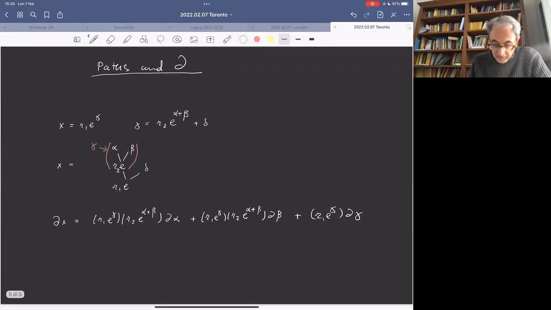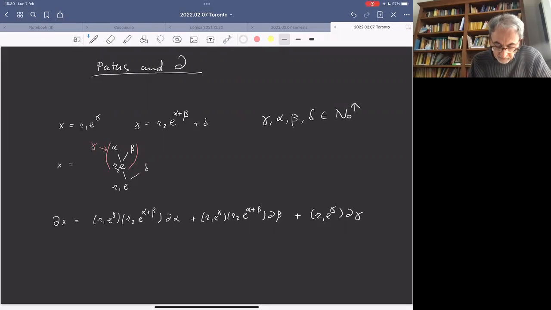Suppose we have a surreal in No, which is just a term, so a real times a monomial. The monomial, of course, here I can take gamma, alpha, beta, and delta purely infinite.